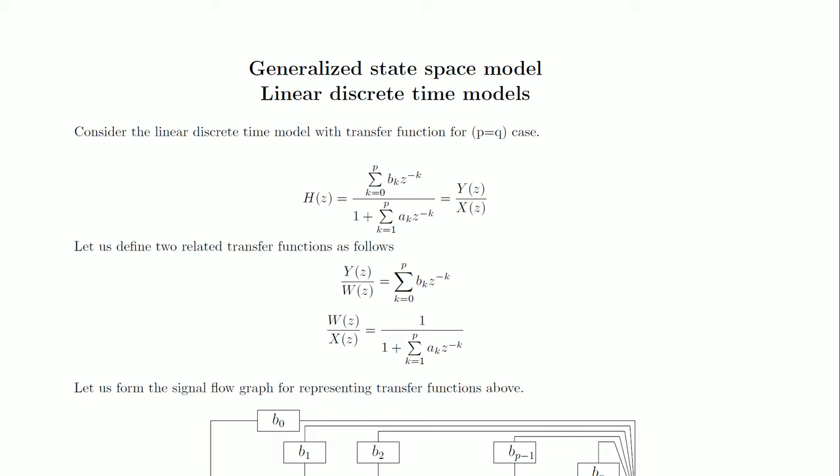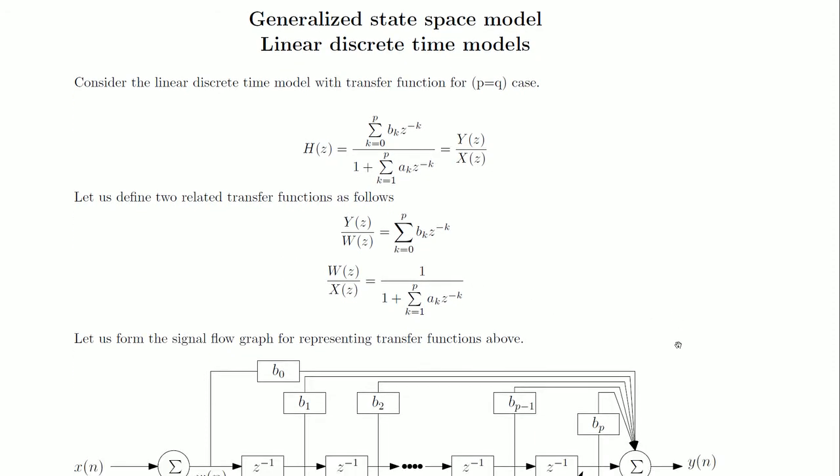And then we have the transfer functions which are related as follows. So, Y of z by W of z is basically the numerator polynomial in B, and W of z by X of z is given by the denominator polynomial.